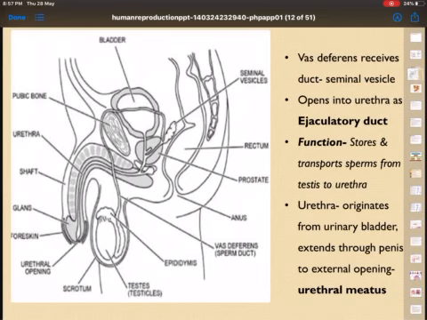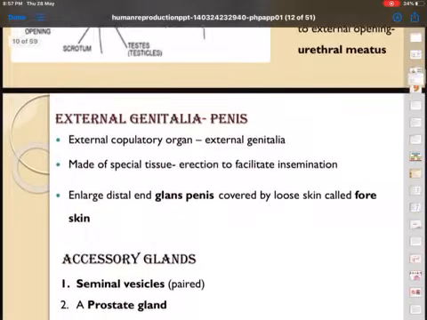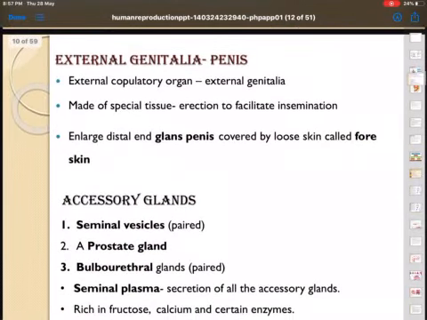As you are able to see in this picture, the continuity of the various tubes and the testis having continuation with the vas deferens. And the external genitalia is called penis.